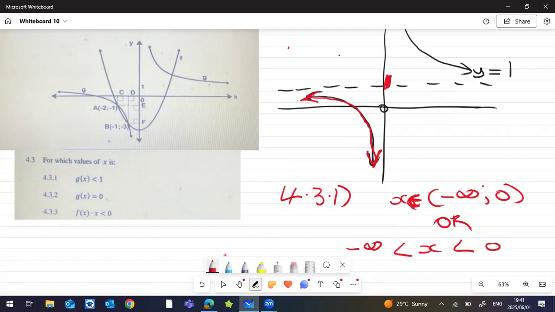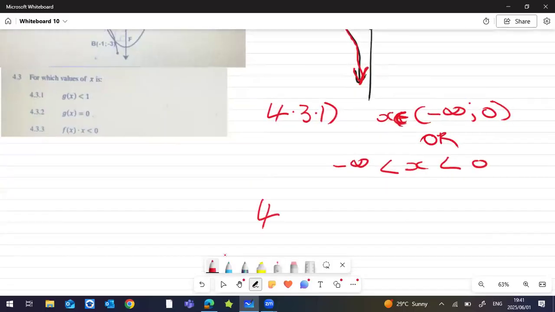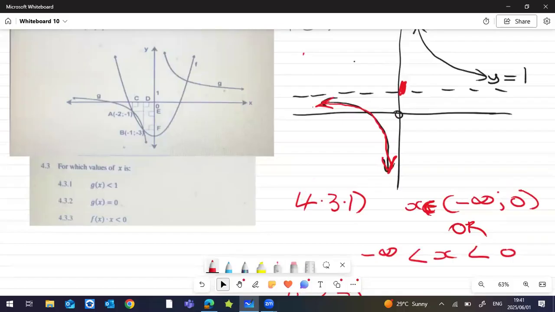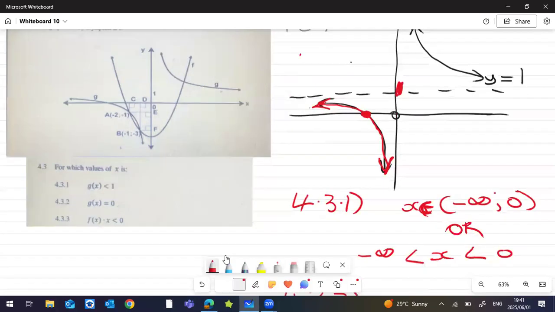Now, let's see 4.3.2. What do they want there? They want to know where the hyperbola is equal to 0. That is your x-intercept. So let us find the x-intercept of this hyperbola.